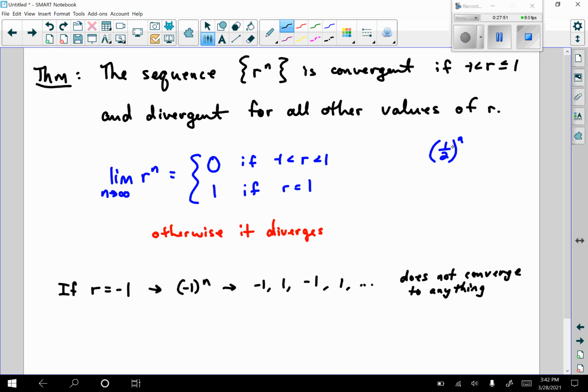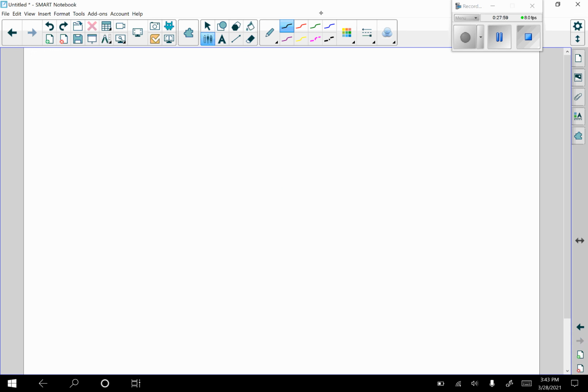And as I mentioned with the 1/2, any fraction here is getting smaller as n is getting larger. Another definition. For this one, we're going to talk about increasing and decreasing for a sequence.